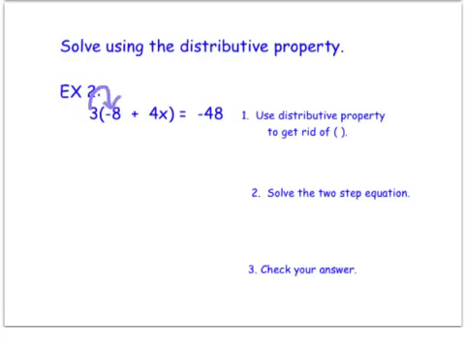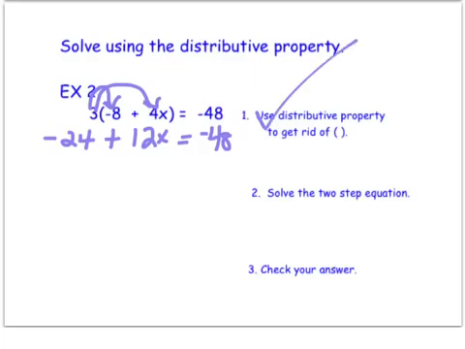3 times negative 8. When we do that, we get negative 24. We have to bring down our addition sign. Plus 3 times 4x, that's going to give me 12x, equals negative 48. Alrighty, we just did step 1 to get rid of the parentheses, and we used the distributive property. Now we're doing step 2.